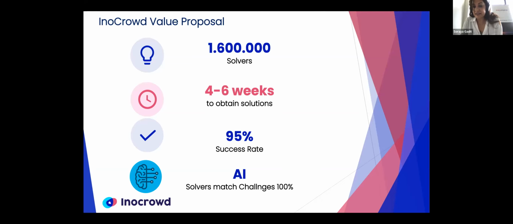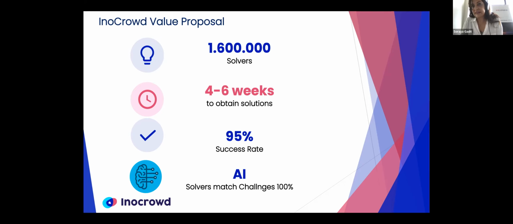The sectors that we are working in are areas like the health sector, the industrial sector, the banking sector, the insurance sector.